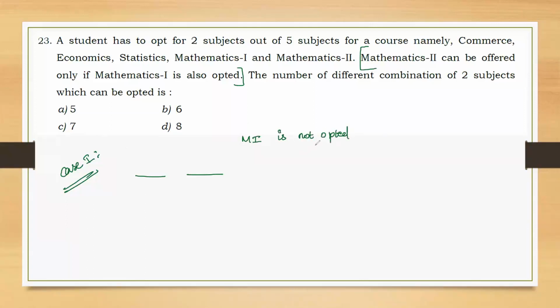Then 2 subjects out of 4 must be chosen, right? Yes, Suresh, good. M1 is not opted means out of 4 subjects, 2 must be selected. Is it clear or not?